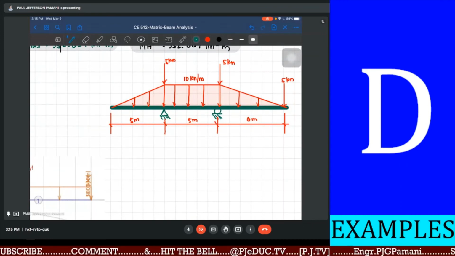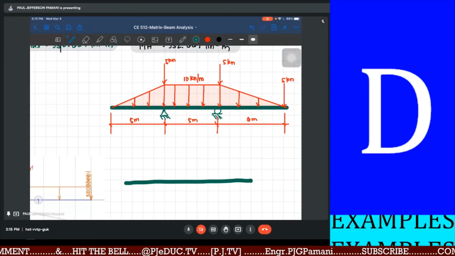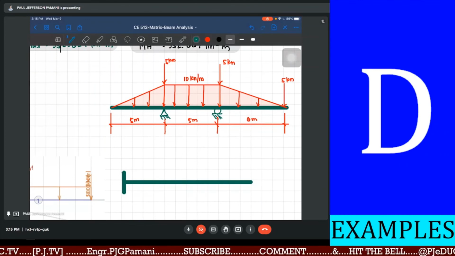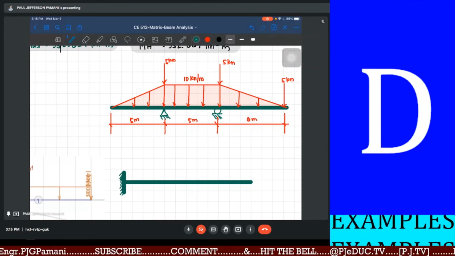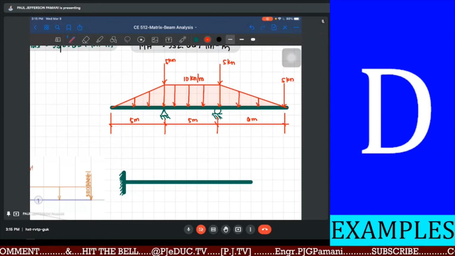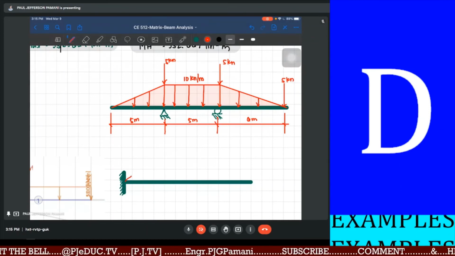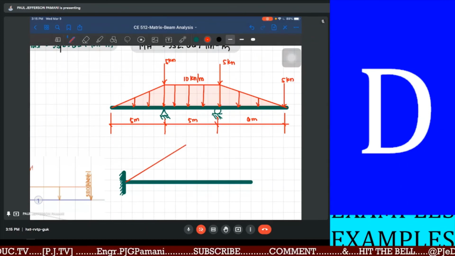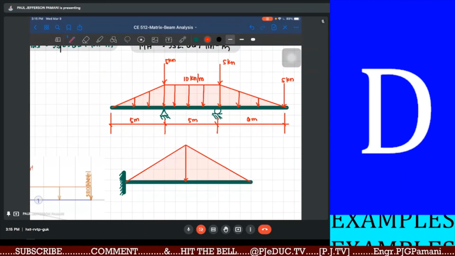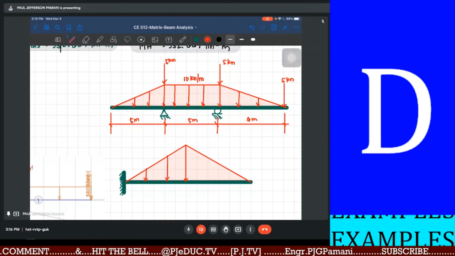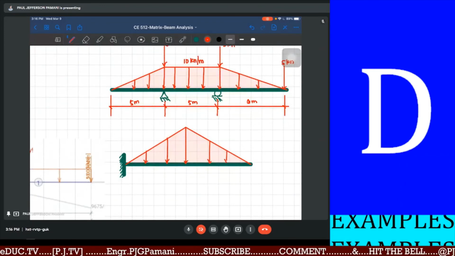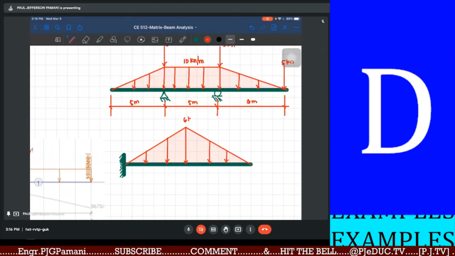Another one. Pagpraktisan nyo lang. Cantilever beam, with a varying load of 6 kilonewton per meter.